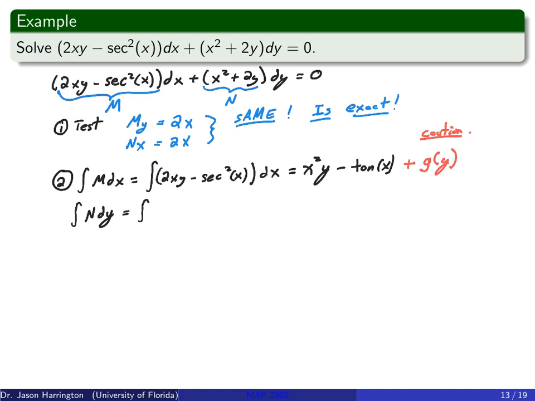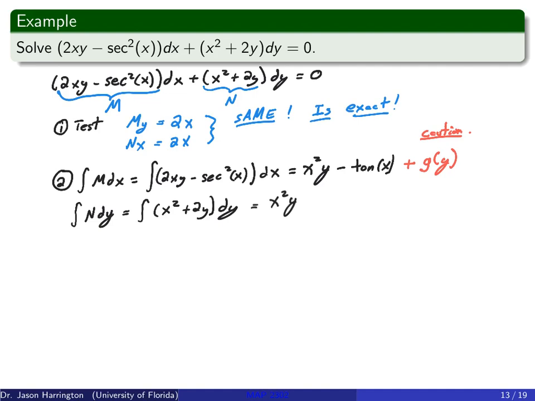All right, so now I'm going to integrate N with respect to y. So that's going to turn into the integral of (x squared plus 2y) dy. If I integrate the first term with respect to y, remember the x squared is now a constant, so that's just going to turn into x squared y.